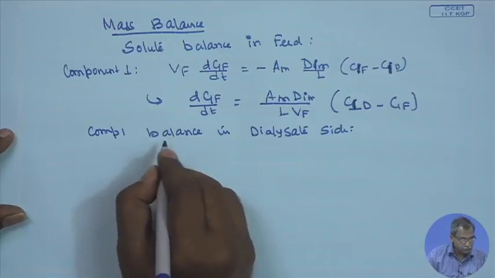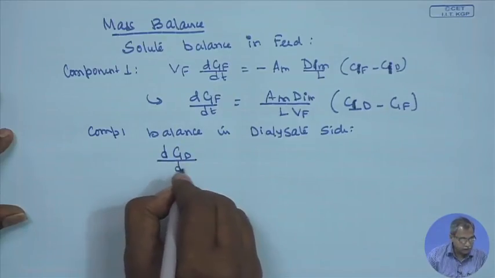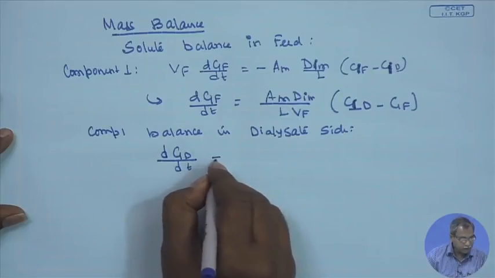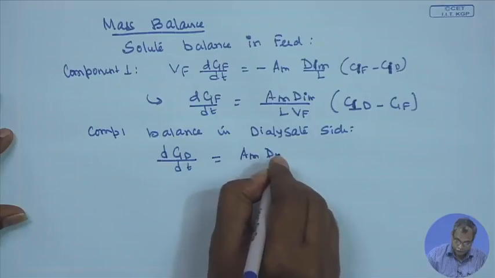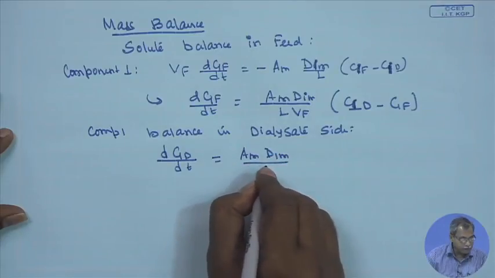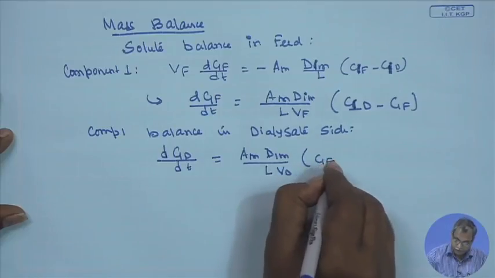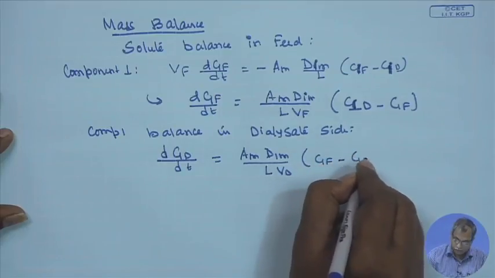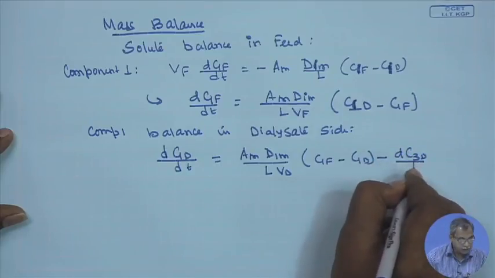That will give d C1 d dt equal to A m D1 m divided by L V d times (C1 f minus C1 d) minus d C3 d dt.